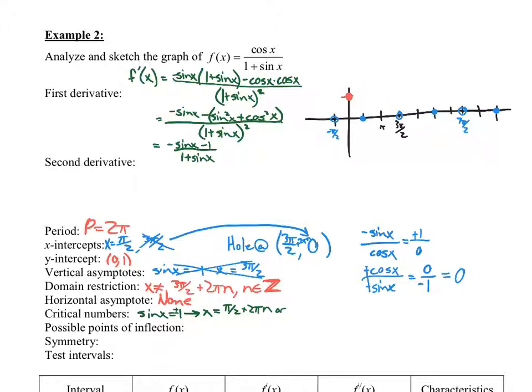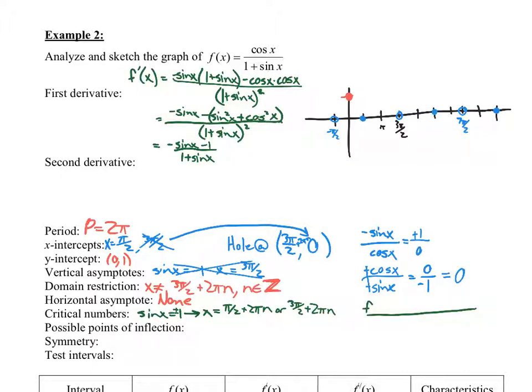Or it's at negative 1 at 3 pi over 2 plus 2 pi n. And we actually already have that those are holes from what we've done with the domain restriction. So now we will look at that when it comes to increasing and decreasing. But those are not, we know for a fact already they're not going to give us critical values.